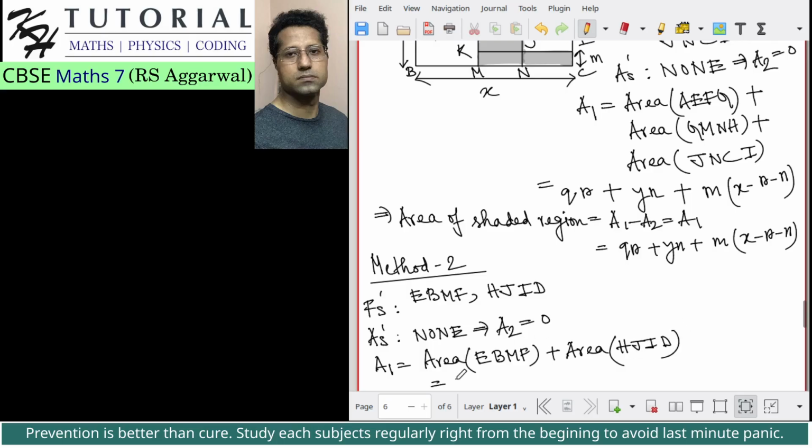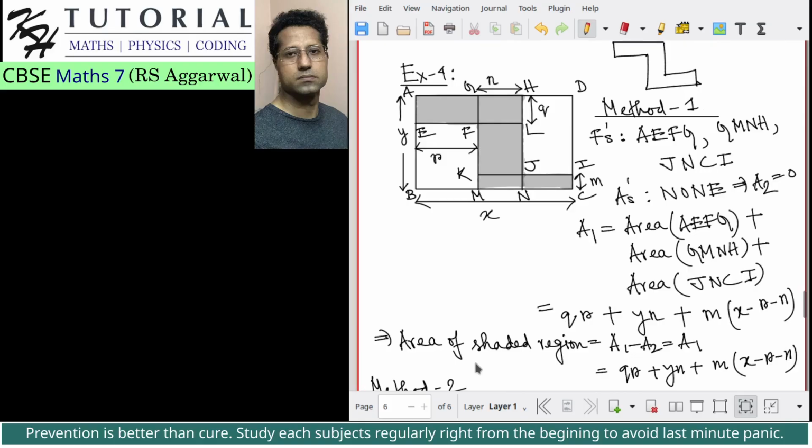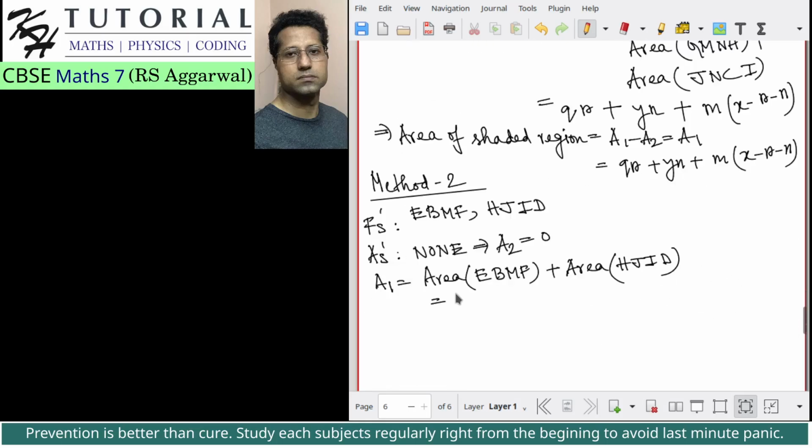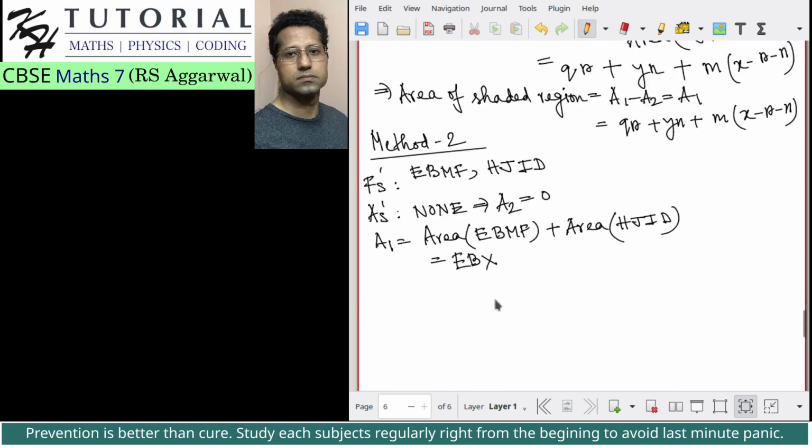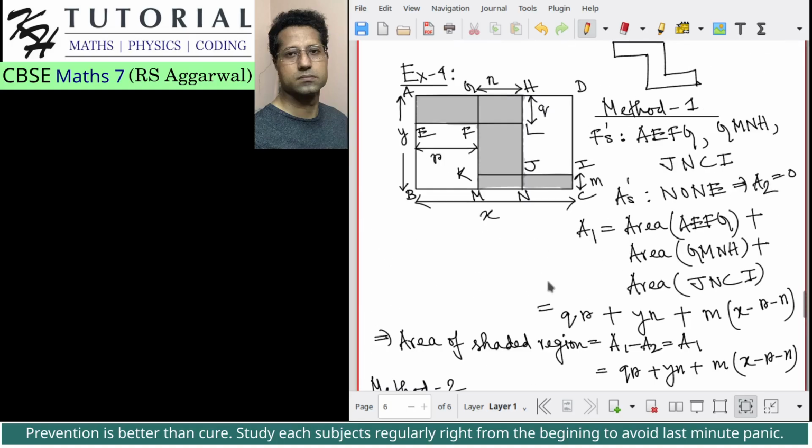What is the area of rectangle EBMF? Let's say EB multiplied by BM. BM we know is given as R, plus the area of HJID. Do we know HJ?